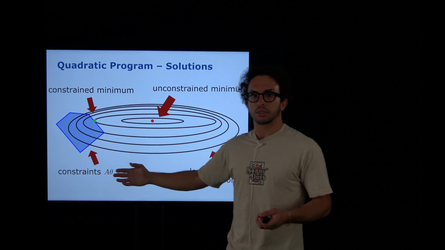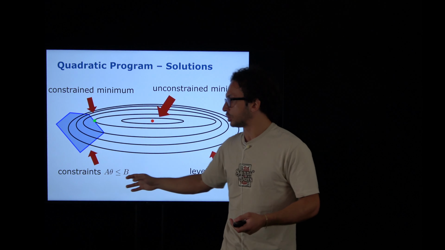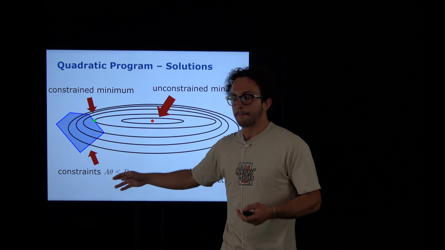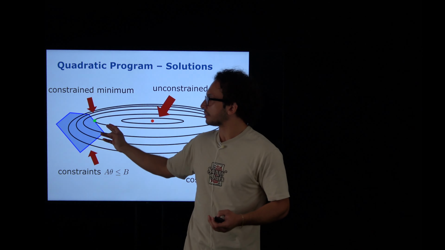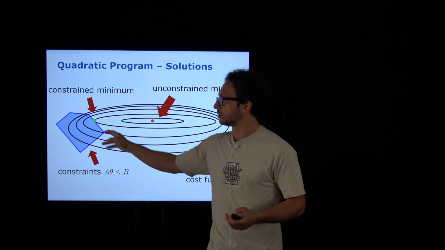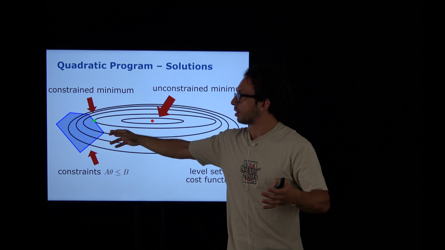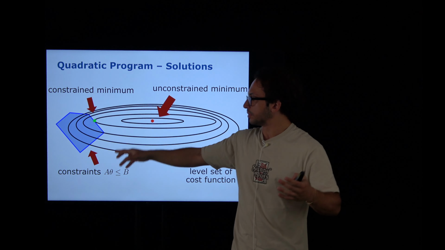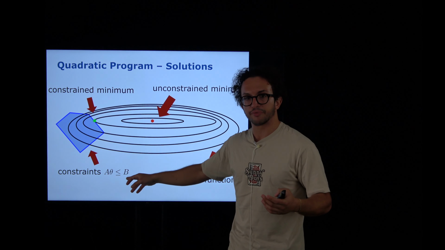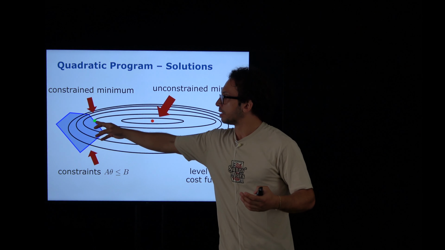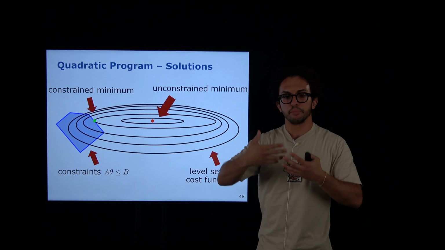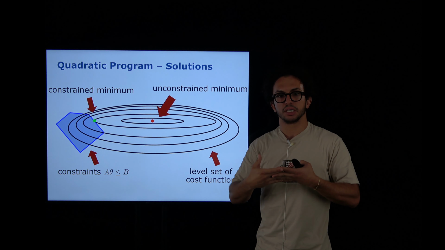But then the constraints in this shape especially mean that we are cutting a sort of polygon in this bowl. And this polygon, because of the shape of this equation, will have a constrained minimum.